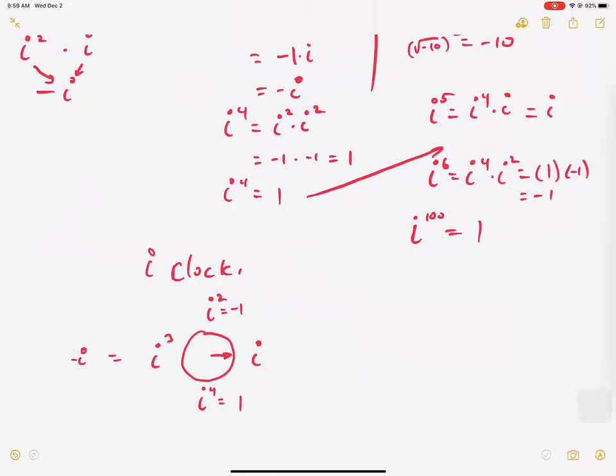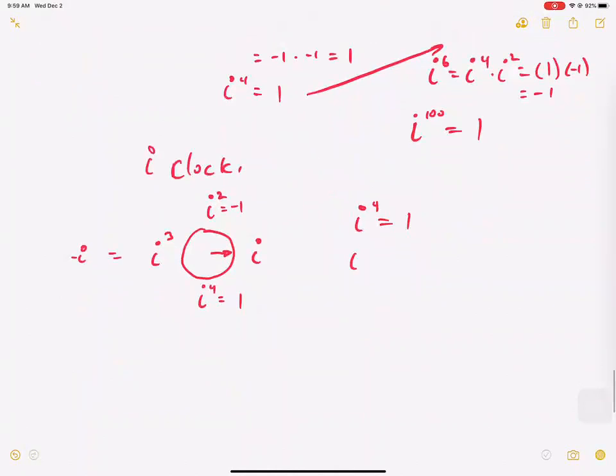So here we go. If I say i to the fourth, going around the clock, isn't i to the fourth just back to 1? That's 1. What's i to the fifth? Well, that's 1, 2, 3, 4, 5. We're back to i.